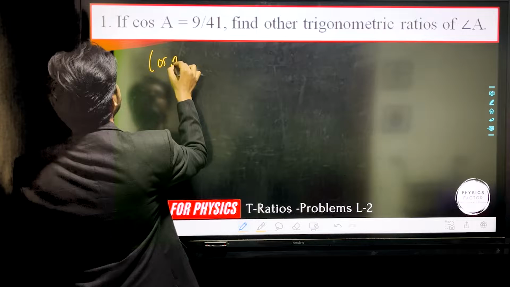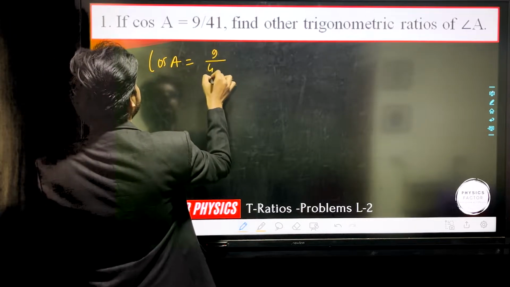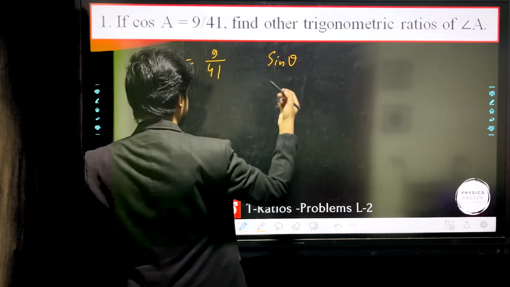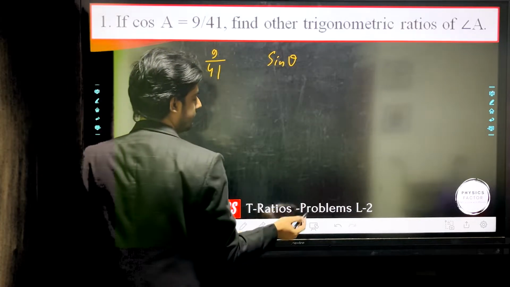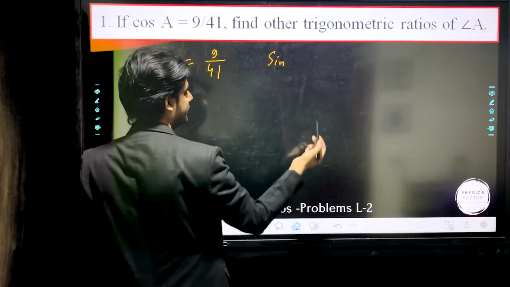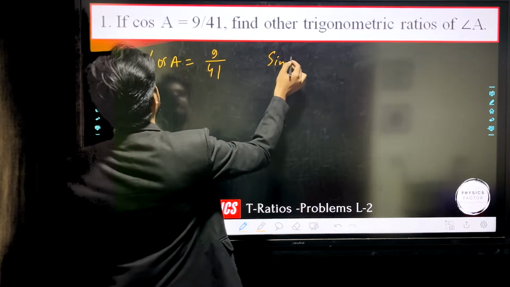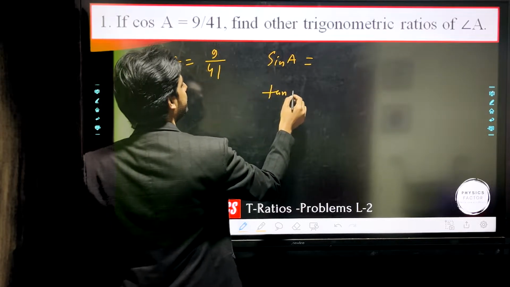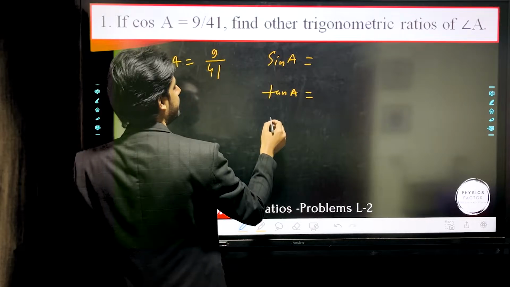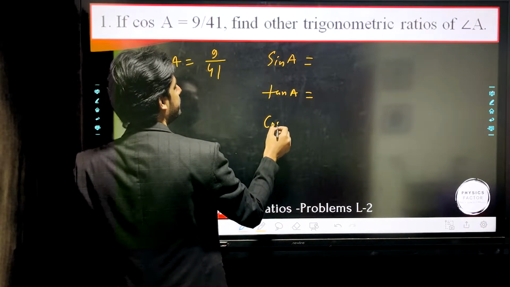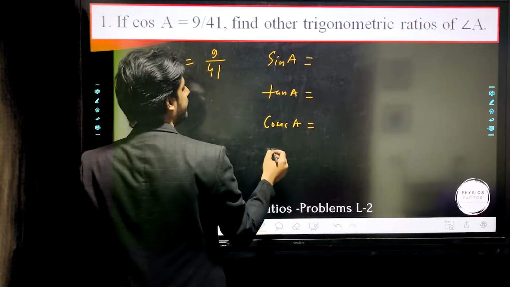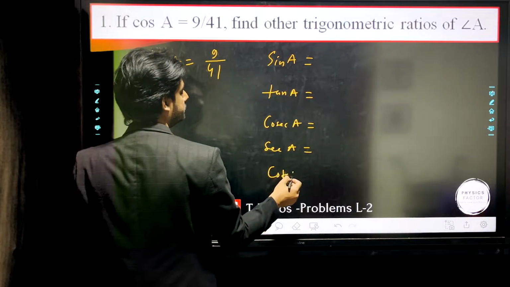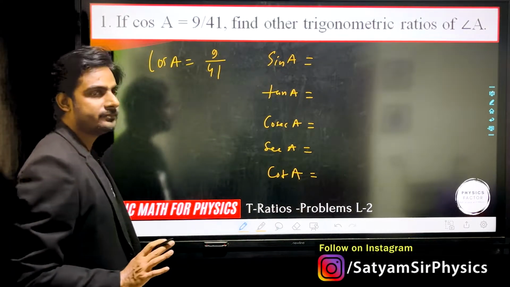So cos A is given to you 9/41 and you are asked to calculate sine A, tan A, then cosec A, and then sec A, and then cot A.